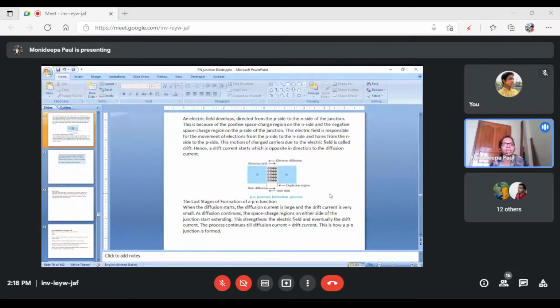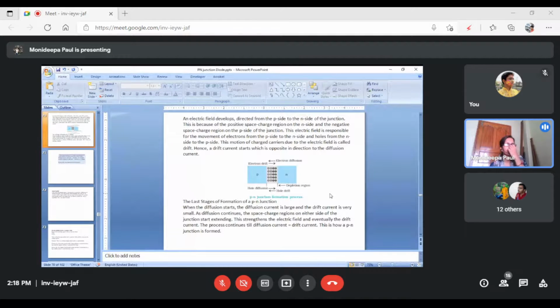After a certain time, first at the starting, diffusion current starts. At the time of starting, diffusion starts. So diffusion current is greater than the drift current.